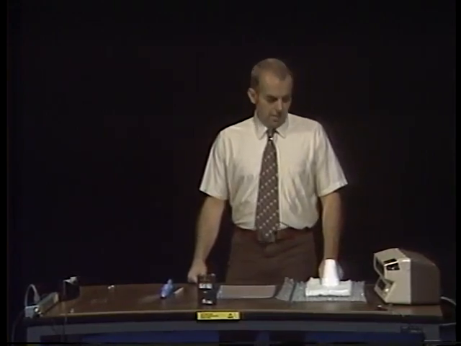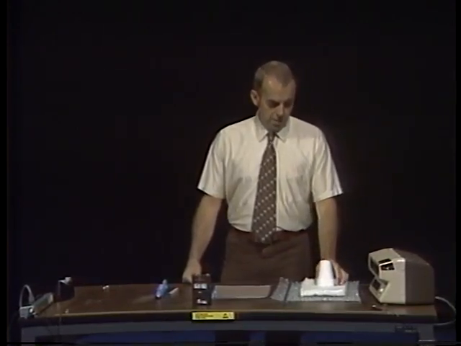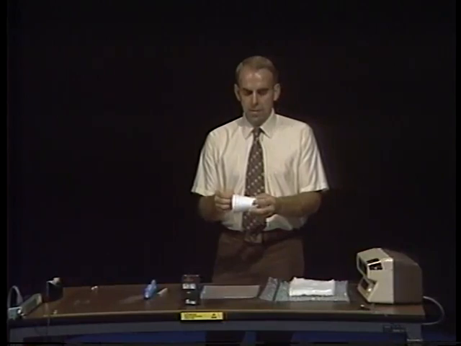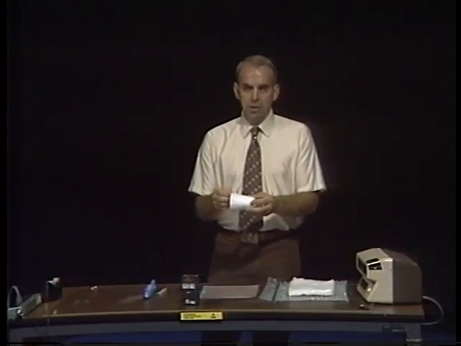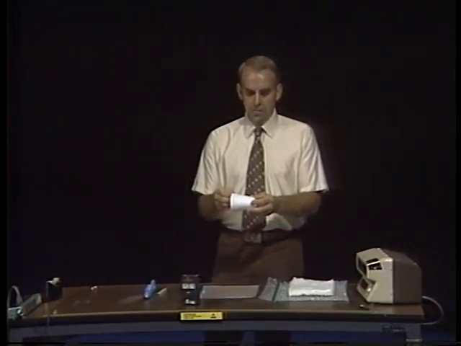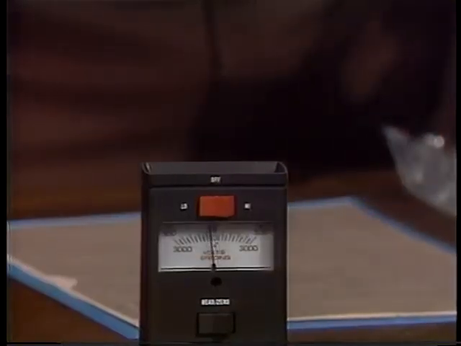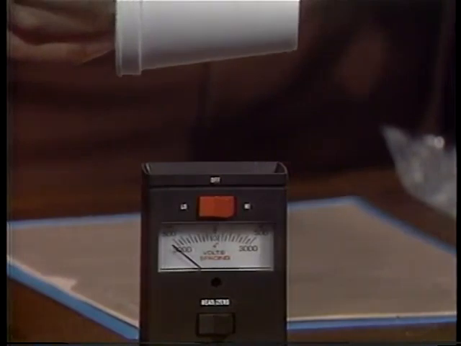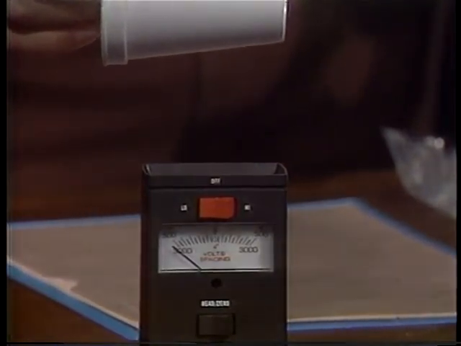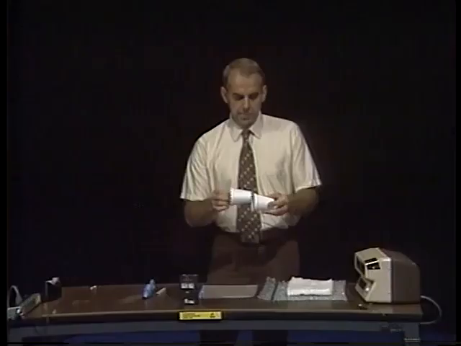Here I have some common plastics which we find in the office, laboratory, and production areas. The first is a rigid styrofoam coffee cup, a notorious static generator, and because of its high insulation resistance, it holds the charge for a long time, as I will now demonstrate. As you can see, there's more than enough charge here to peg the meter.